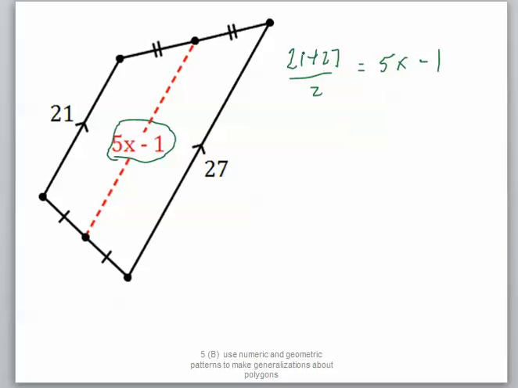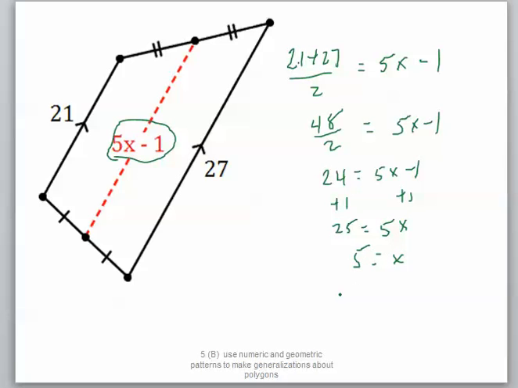Well, 21 plus 27 is 48. Yeah, 48 divided by 2 is equal to 5x minus 1. So when I divide by 2, I'm going to get 24 is equal to 5x minus 1. Add 1 to both sides of that equation, and I get 25 is equal to 5x, or x is equal to 5.